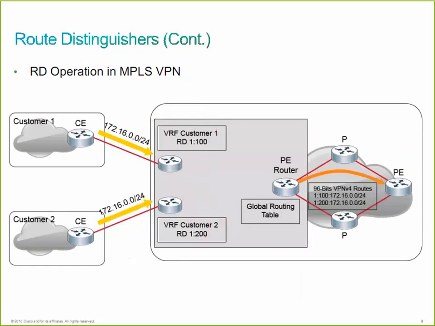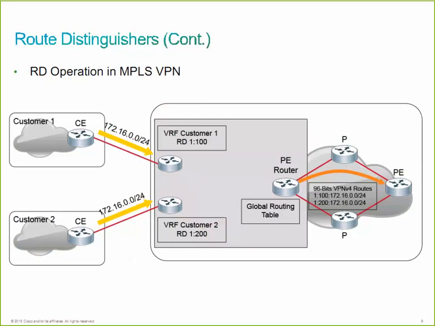But the problem is those routes need to be exchanged between the BGP routers across the service provider network. So the routes themselves, the prefixes, get installed into the VRF routing table for each customer. When I have to propagate those two routes to the other PE routers, that's when we prepend the customer route distinguisher to create these unique VPNv4 routes.